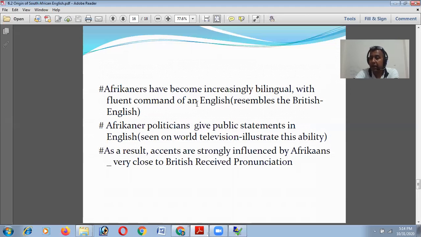Afrikaners are bilingual. They use that Creole language that is derived from the mixture of Dutch, Portuguese, and Malay. However, many people use British English. The politicians and the other people also use English that is similar to the British language.